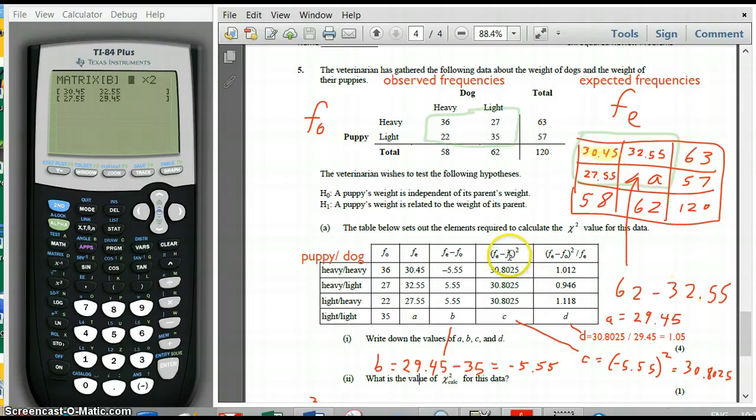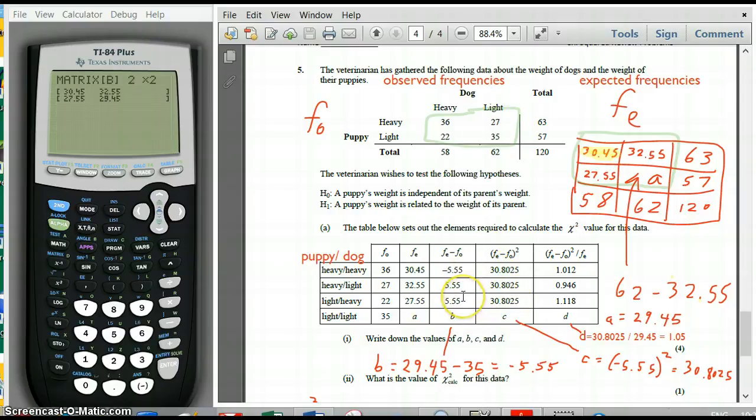FE minus FO we know is negative 5.55. So if we square negative 5.55, we get 30.8025. So C is 30.8025. What do you know? They're all 30.8025, because the difference between any of these is either 5.55 or negative 5.55. So all the squared values are the same.